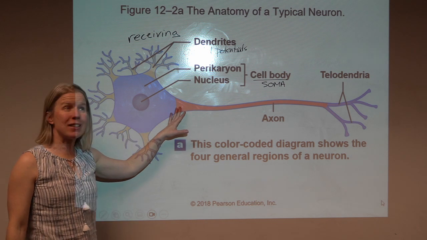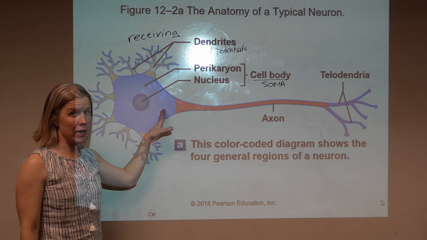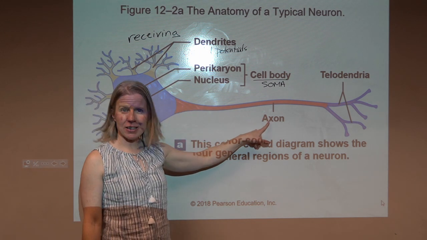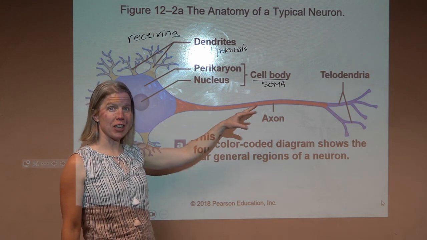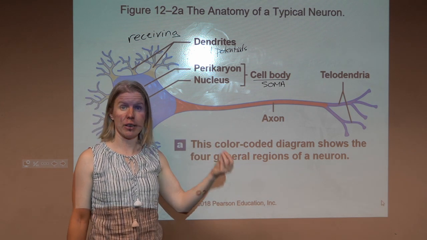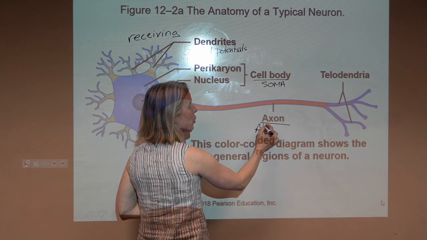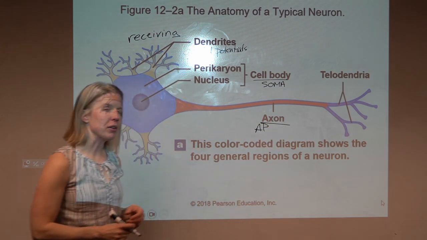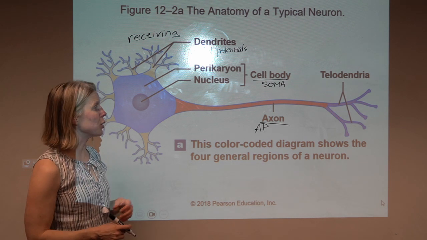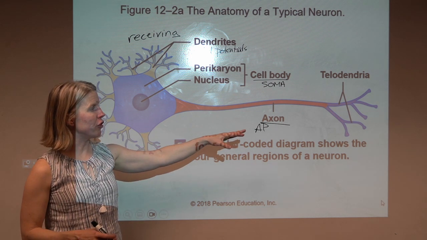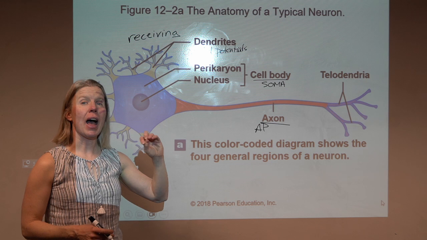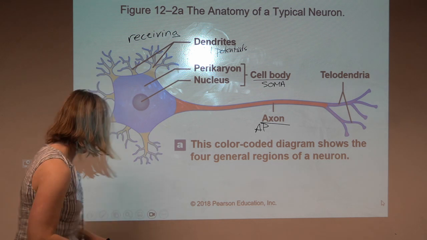If that message is loud enough from the dendrites, we can use this axon to carry a message in the form of electricity, in the form of an action potential, right? Axons do propagate action potentials, just like we saw in skeletal muscle, and they can send that message down then to the axon terminals.